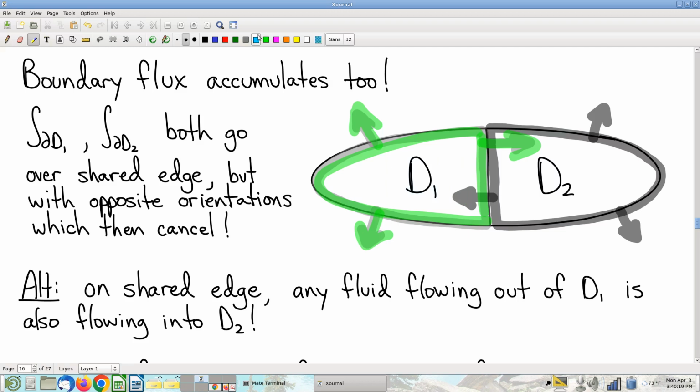Right, now let's look at the blue region over here on the right. What does outward-oriented boundary flux look like here? Well, again, outward from all sides. That's outward-oriented boundary flux of the right. How does that relate to outward-oriented boundary flux of the whole?